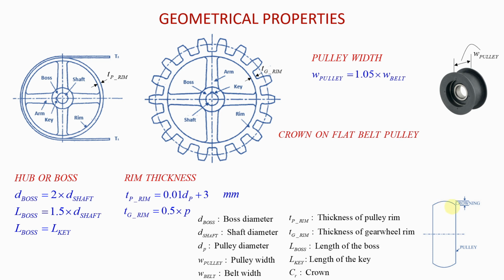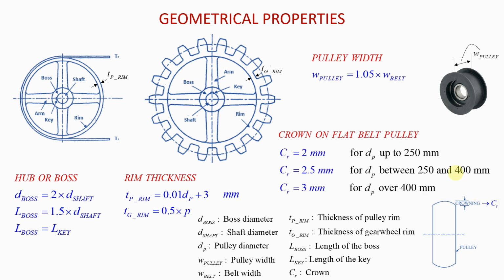So very important. This crowning here is what we refer to as CR. So CR, the crown, is 2 millimeters if you have a pulley that's got a diameter of 250 millimeters or lower.